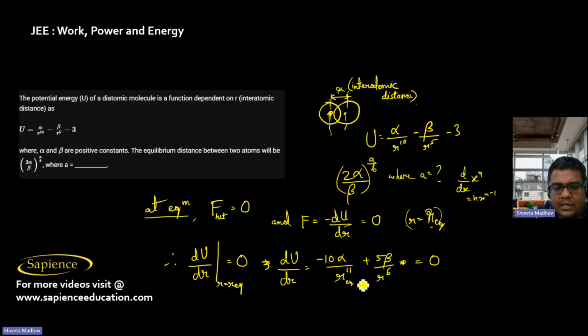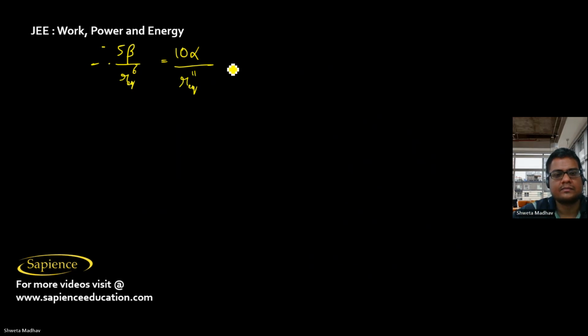So at r equilibrium only this will happen. Therefore I can say 5 beta by r equilibrium power 6 will be equal to 10 alpha by r equilibrium power 11. Therefore 5 2s are 10.